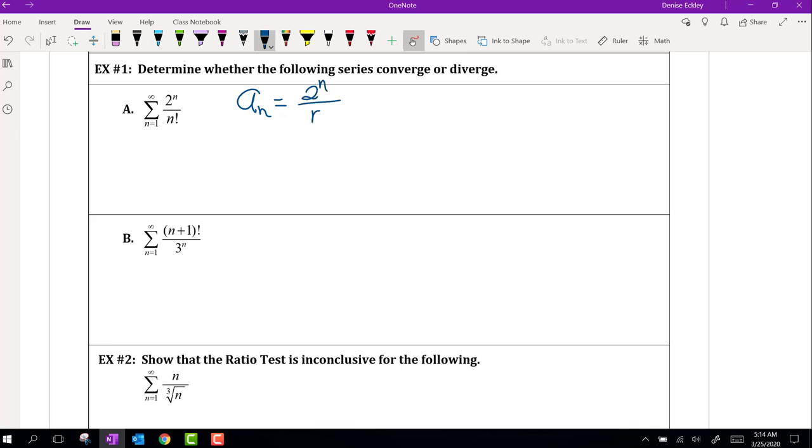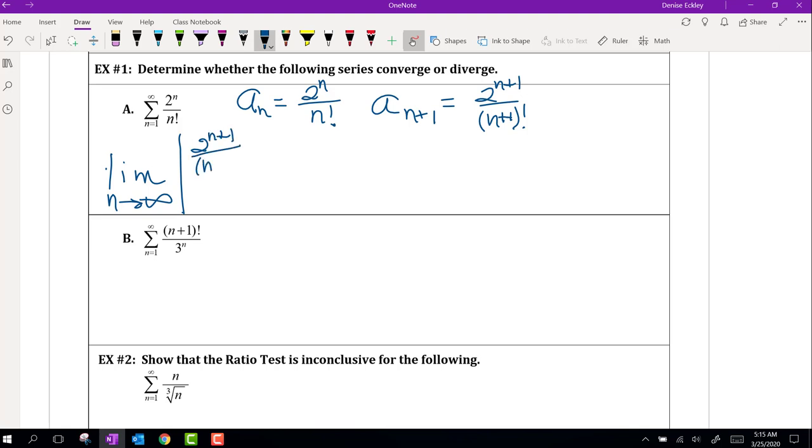And you don't always have to do this. You can go right to your limit. And our a sub n plus 1, and then we are going to take the limit as n approaches infinity of the absolute value of a sub n plus 1, which is 2 to the n plus 1 over n plus 1 factorial, divided by 2 to the n over n factorial.